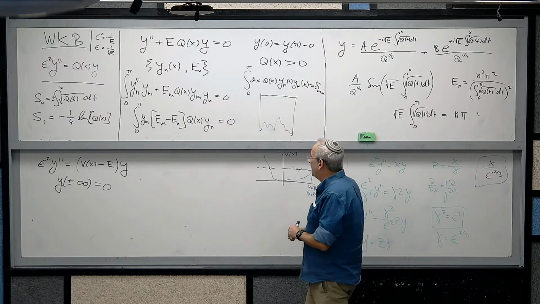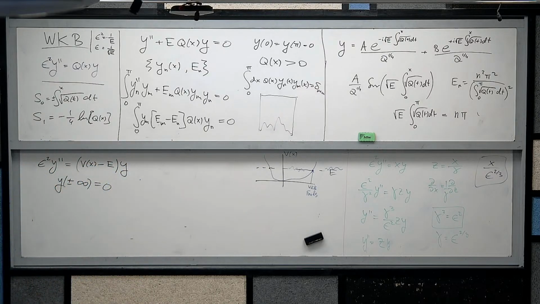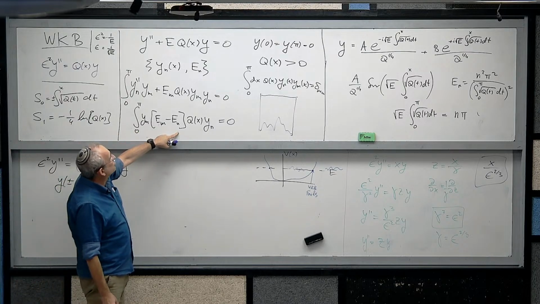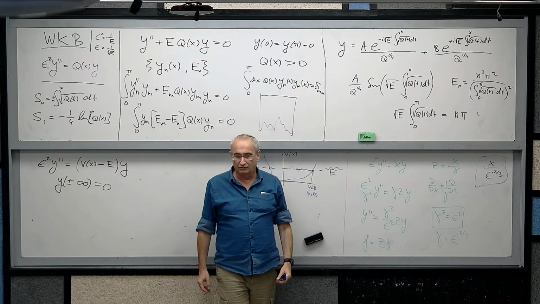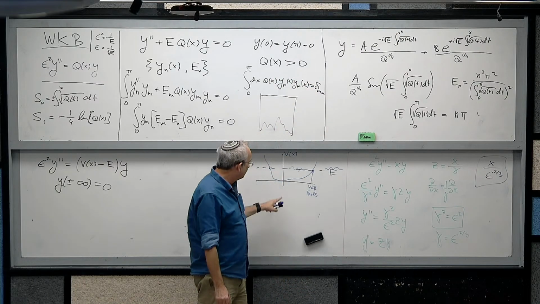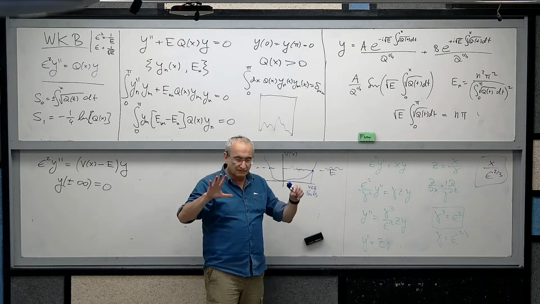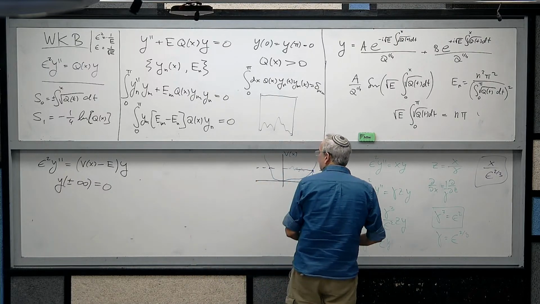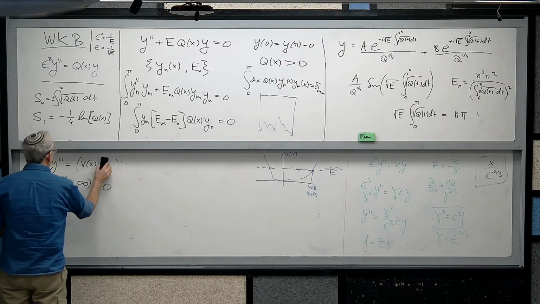So our main problem is how to overcome a turning point when using WKB. Here I implemented it for the regular Sturm-Liouville, and I forced it to have no turning points. But once I have a turning point, I must implement another technique. So this is what we are going to do from now on. Look what happens when we have a turning point and we must overcome it.